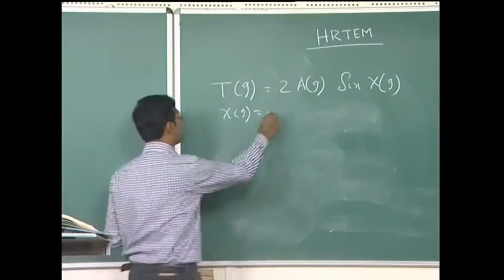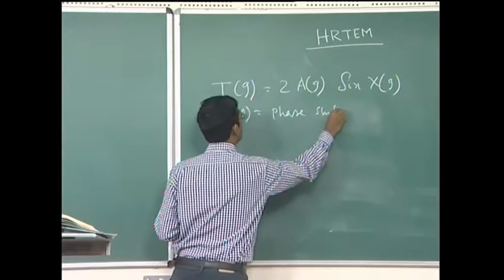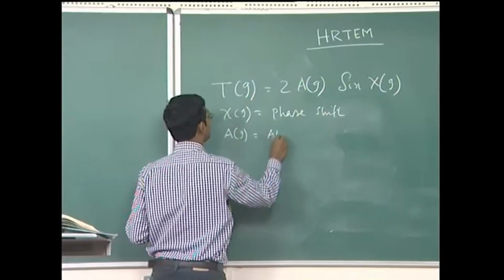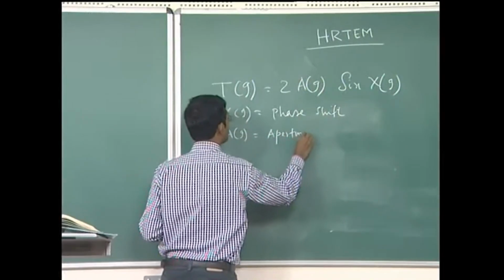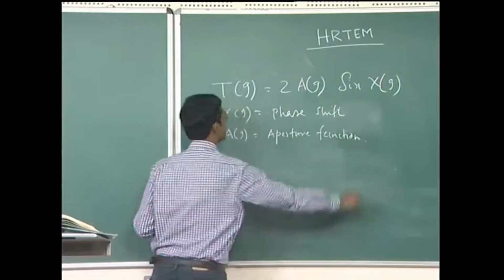It tells us the phase shift, and Ag is the aperture function. So, this is a very important function of the objective lens in the electron microscope. This will tell us not only the resolution, but also the information limit which you can obtain in the high resolution electron microscope. That is what I am telling.